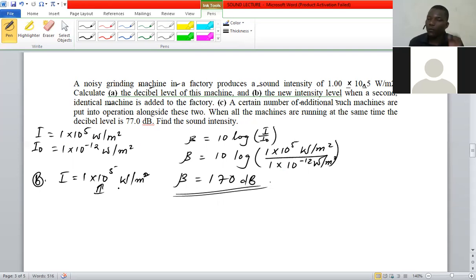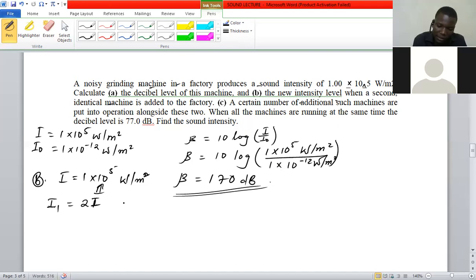To find the new intensity level, the new intensity is going to be equal to twice the intensity of one machine, since there are two.